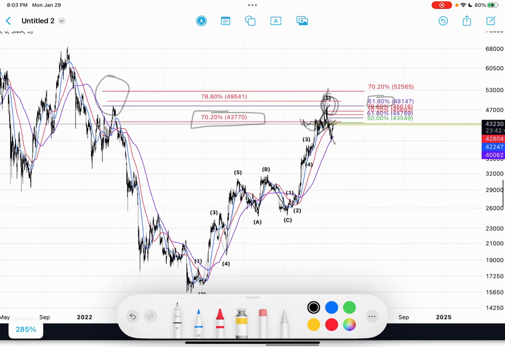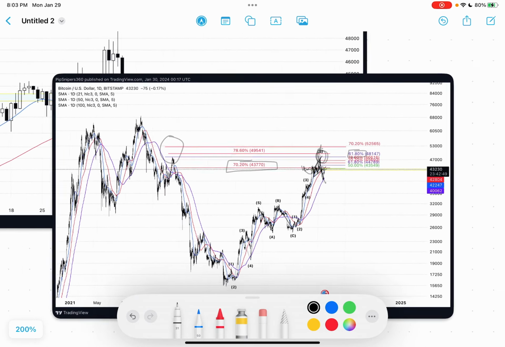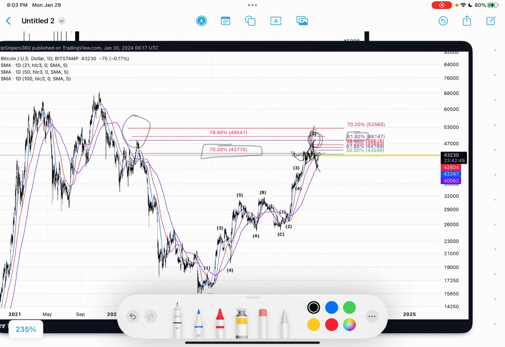Now that bulls have reclaimed support above the 21 and 50-day SMA, we can say that we have a shot at a local bottom here. Now, within this uptrend I see a move up to the fibs.